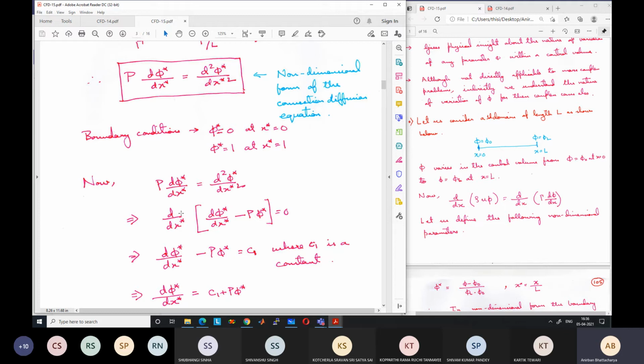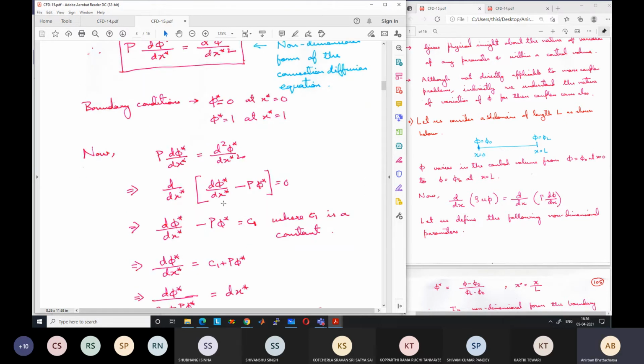So taking this d dx star common, we can write this as d dx star within bracket d phi star dx star minus P phi star. Okay. So by rearranging the term and taking one of the derivative as common, we can rearrange this as d dx star of (d phi star dx star minus P phi star) equal to 0.